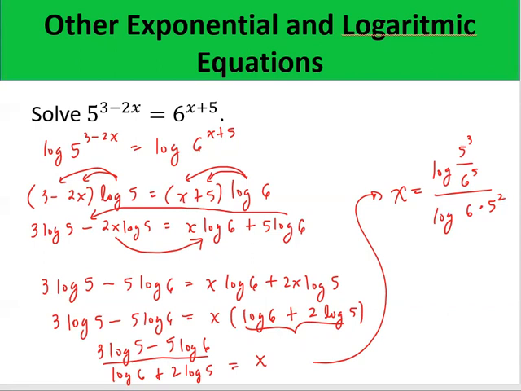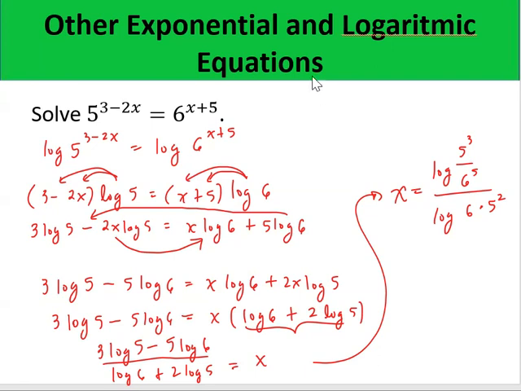Now, the other way to solve this particular equation is to use the natural logarithm. So instead of applying the common logarithm to both sides, we write ln of the left side and ln of the right side. Now, also, we can use logarithms of base 5 and logarithms of base 6.